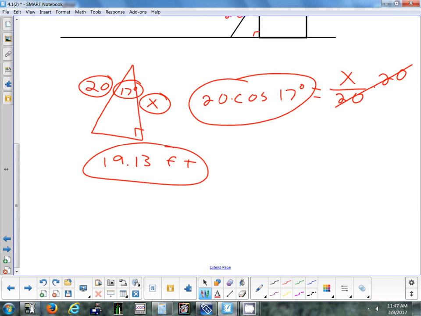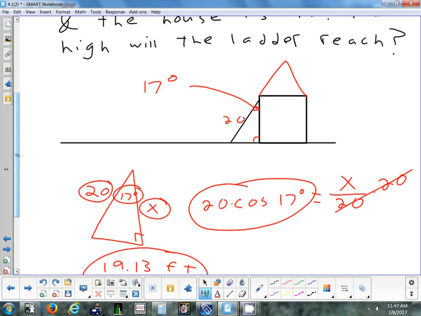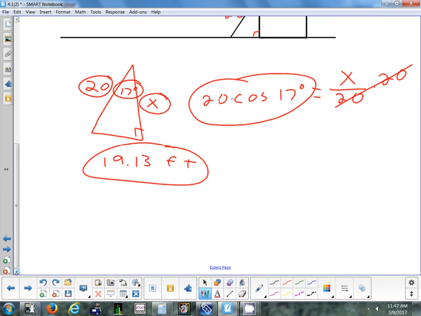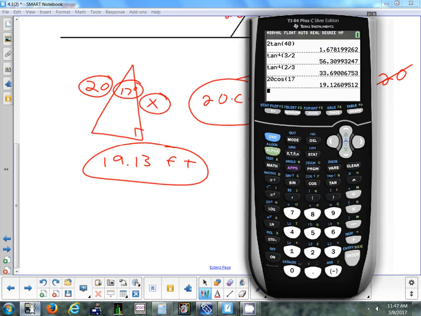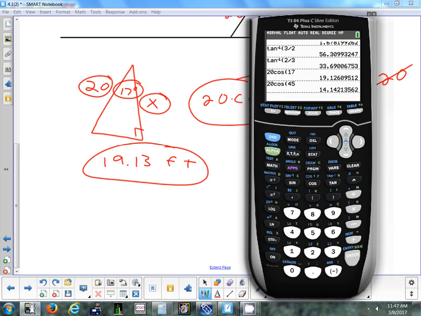All right, so a lot of people guess 45 because they think, well, 45 is halfway between 0 and 90. Well, if you try typing in 20 cosine 45 instead, watch what happens. You don't get 10. The ladder would still reach up 14 feet.